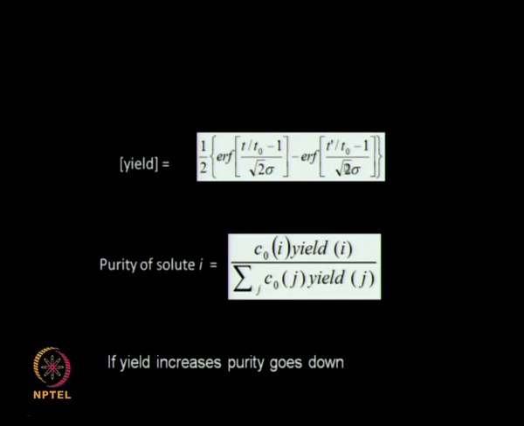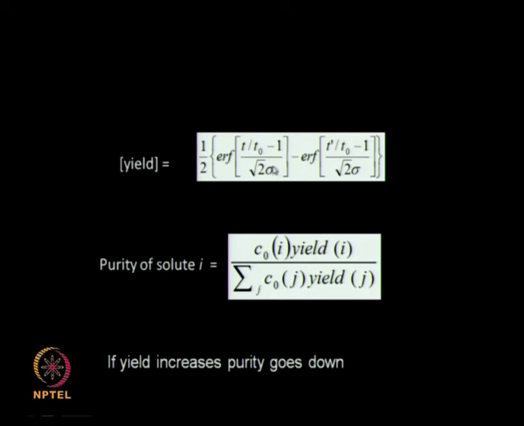So it is very specific to one particular system or one particular solute. T naught will be different for protein 1 and protein 2, and similarly sigma will be different for protein 1 and protein 2.